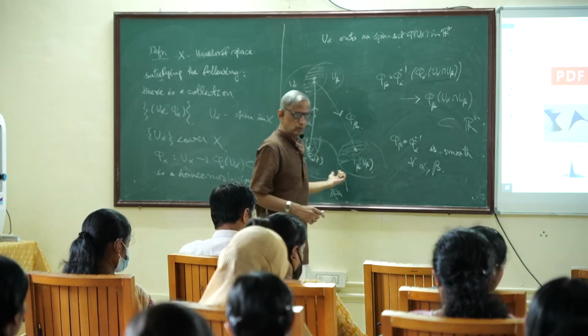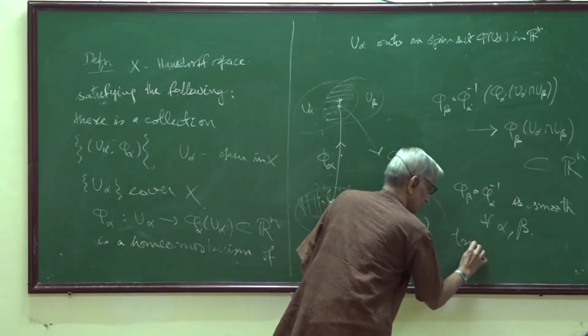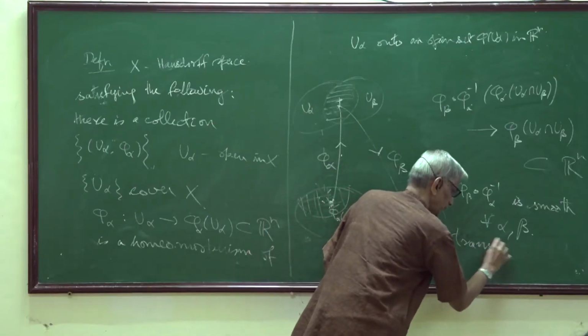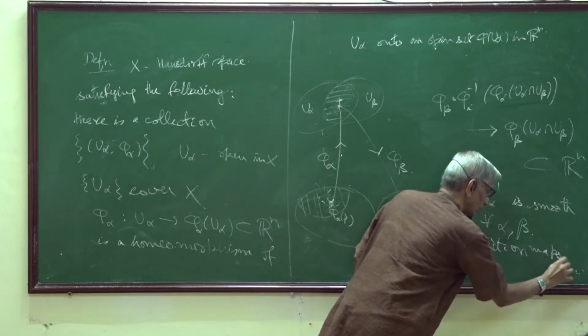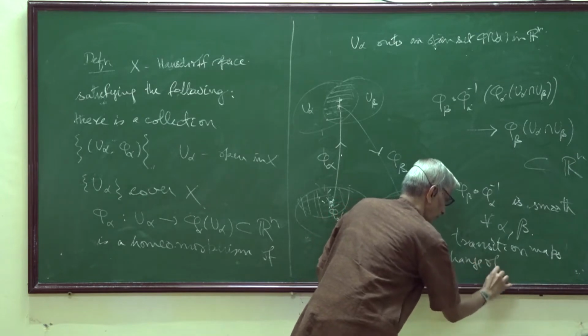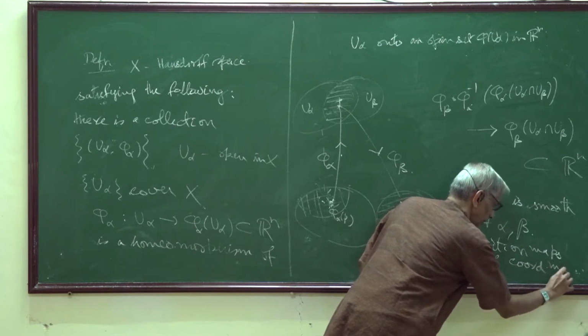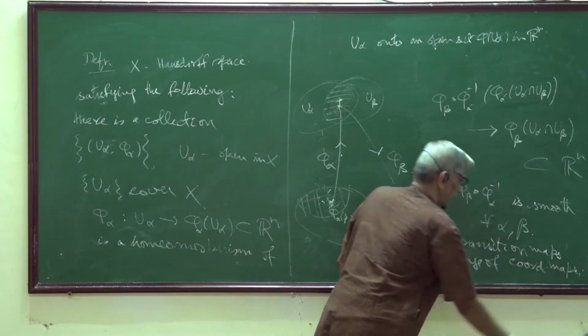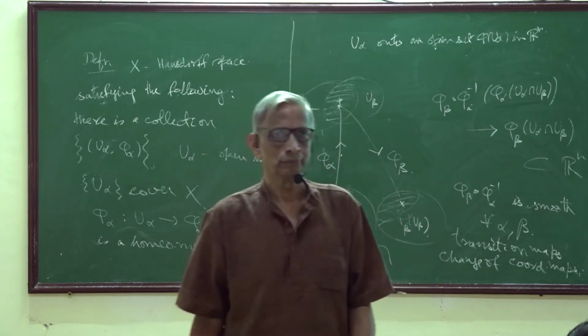Transition from one set of coordinates to another set of coordinates. So these transition maps, or change of coordinates maps, are smooth. That's the assumption.